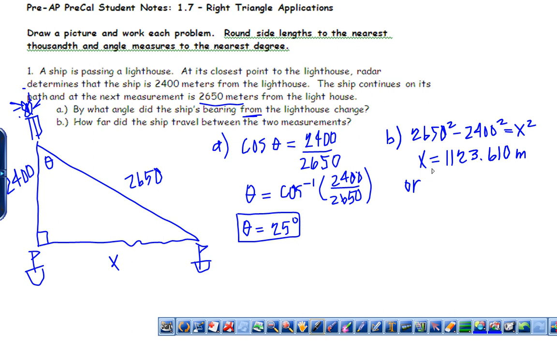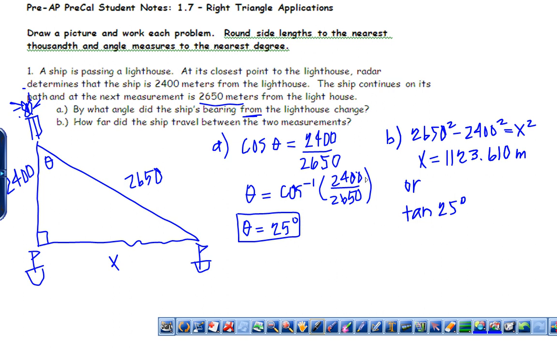If you use trig, you are going to get a slightly different answer. In fact, I would use tangent. Using tangent from that angle, that's going to be tangent of 25 degrees. Well, you should not get a different answer. I'm sorry. You should not get a different answer because you're not going to use 25 degrees.